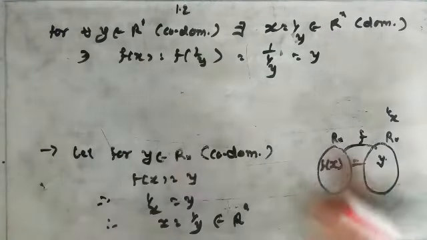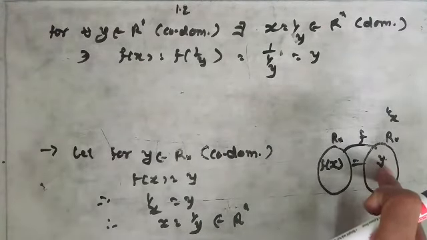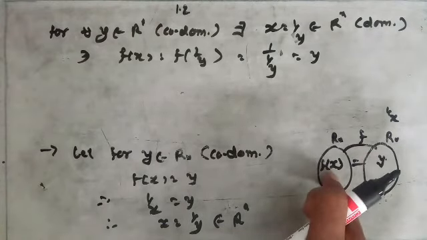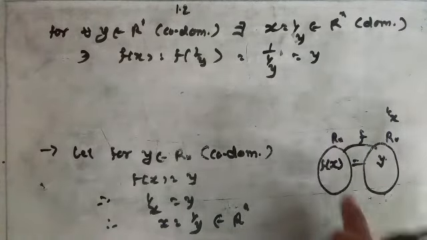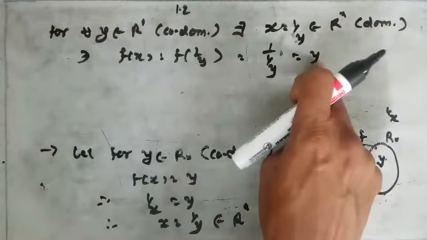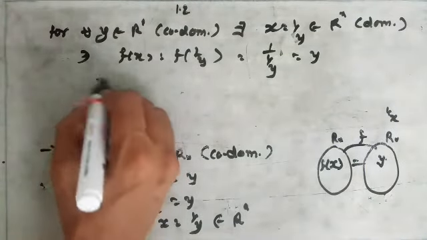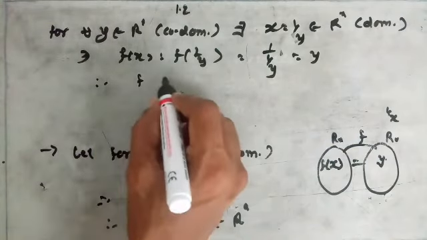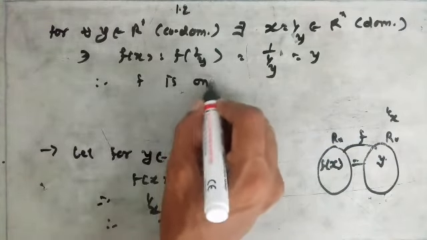So for all y belongs to R star codomain, there exists x belongs to domain such that f(x) is equal to y. Therefore, we say that by definition the given function f is onto.